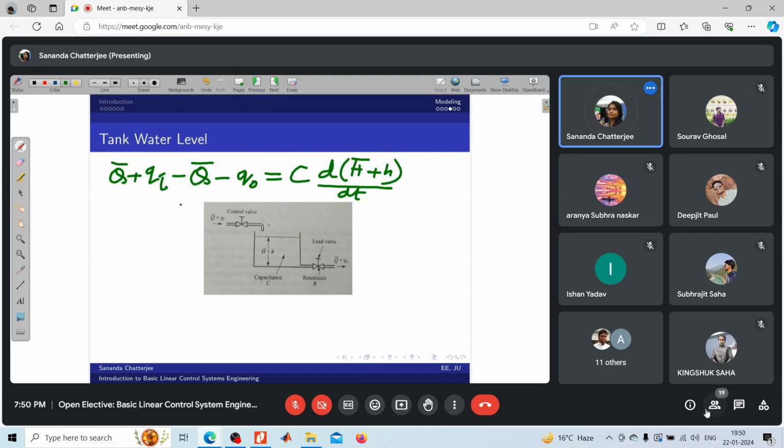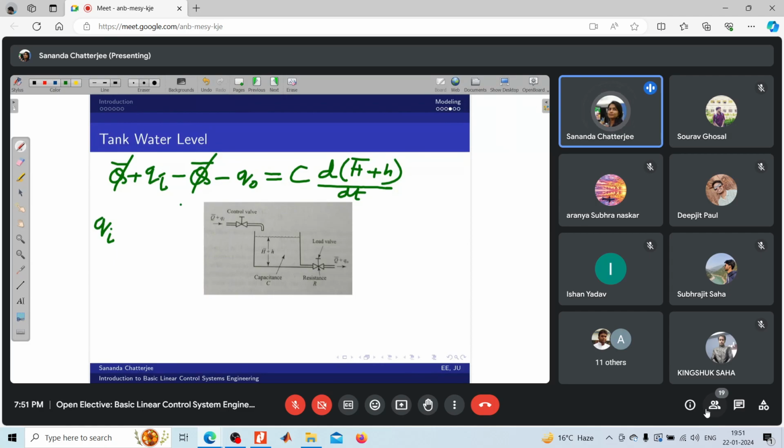Do you agree? So we can come to this model. Ma'am, the cross sectional area is C? Yes. Actually, why have they written C? Say if this is not uniform. If we go for a tank which does not have a uniform cross sectional area, what will we do?